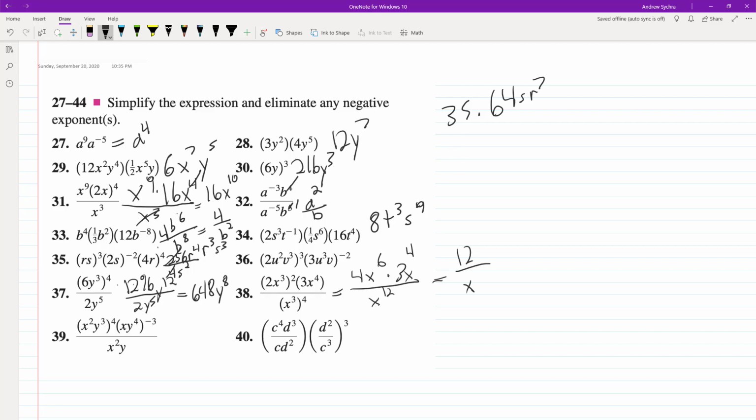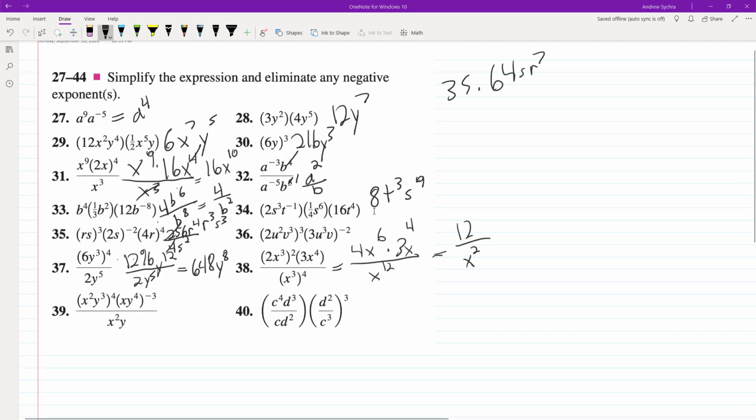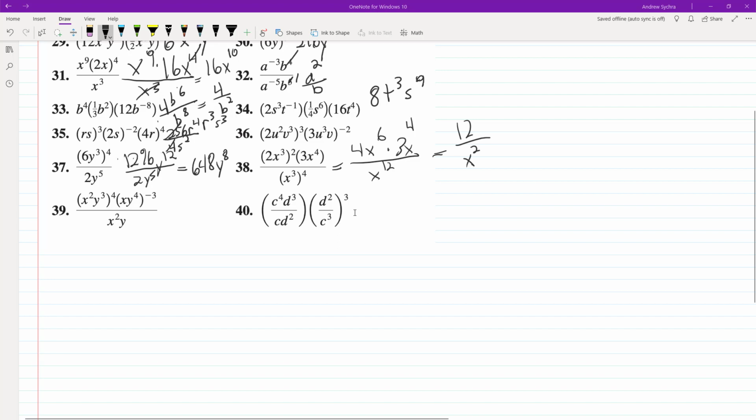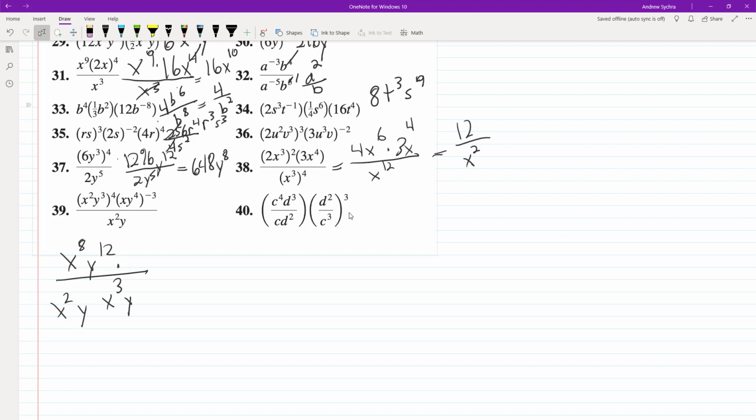All right, looks like I've got some space down here. So what we'll do here is we end up with x raised to the 8th, y raised to the 12th times x raised to the 3rd, y raised to the 12th.